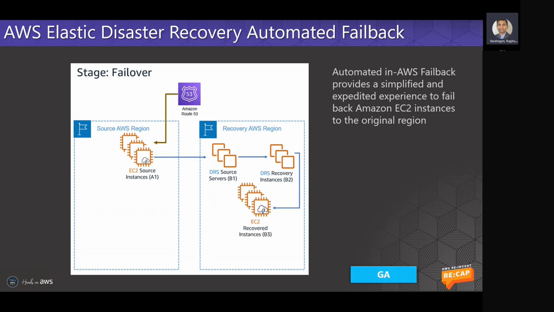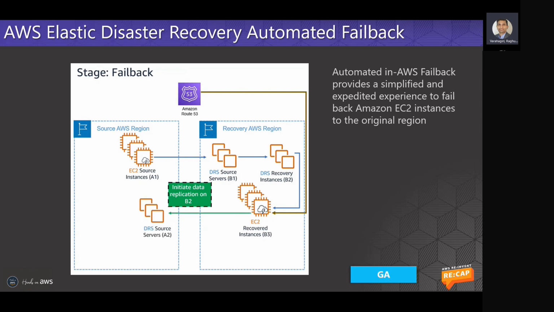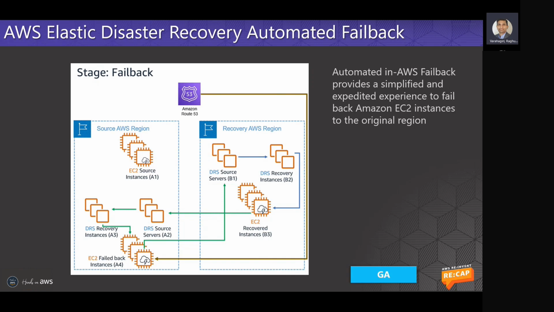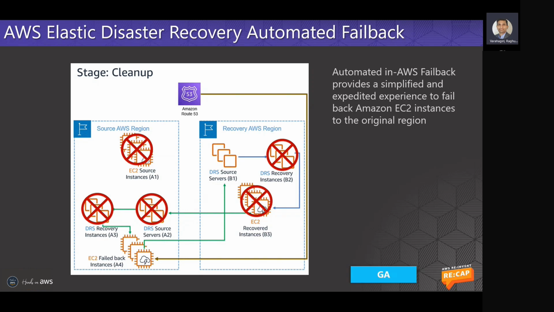So that mechanism of redirecting traffic back to your primary environment after the disaster has been successfully mitigated is called failback. And typically in general setups of DR, the failback is not automated. But Elastic Disaster Recovery Service now has a failback mechanism where, within the AWS environment, if you have both your primary and backup environment set up, the failback from the backup environment to the primary environment can also be fully automated and configured.